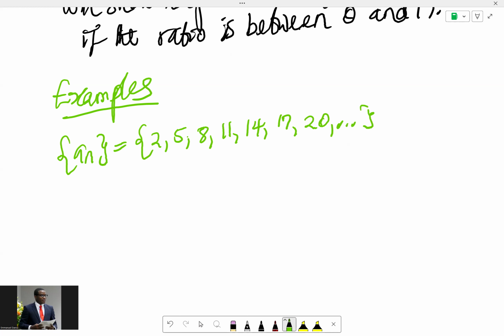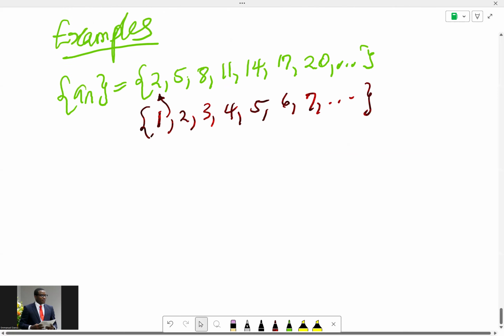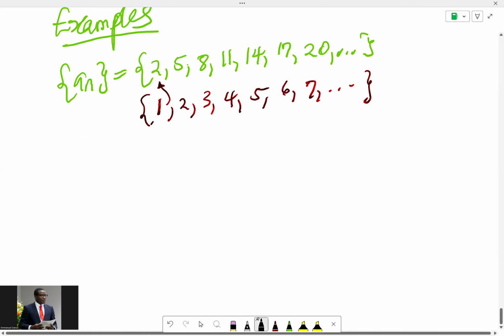Okay. So what we are saying is that on the x-axis, the graph will just be something like this. So first term, second term, third term, fourth term, fifth term, sixth term, seventh term, and so on and so forth. So if we need to plot that, we just have a graph.